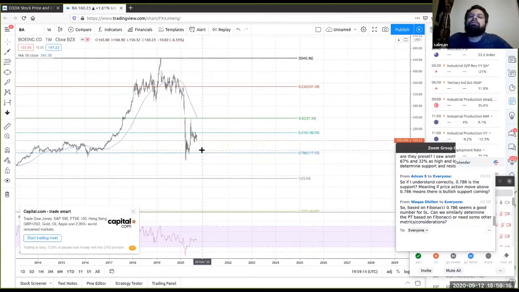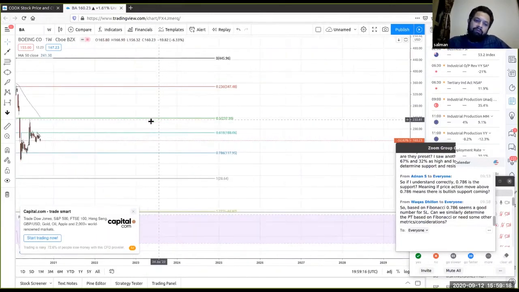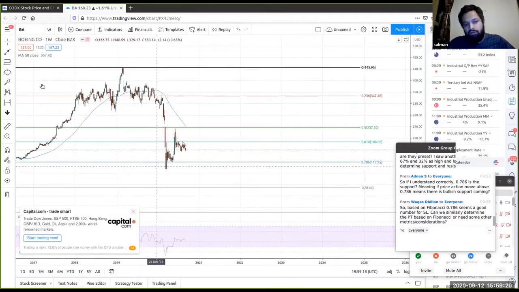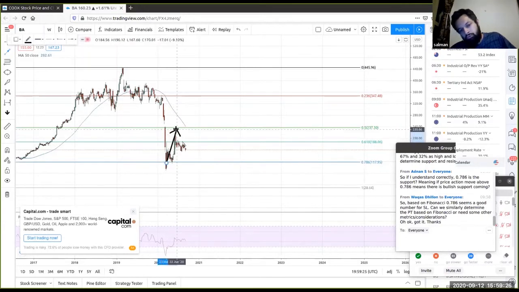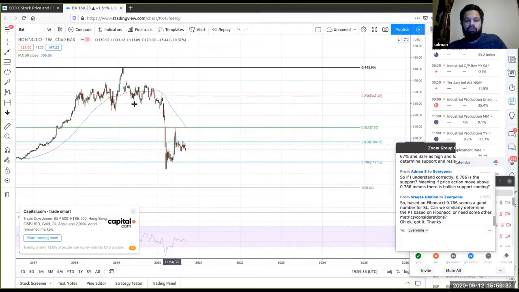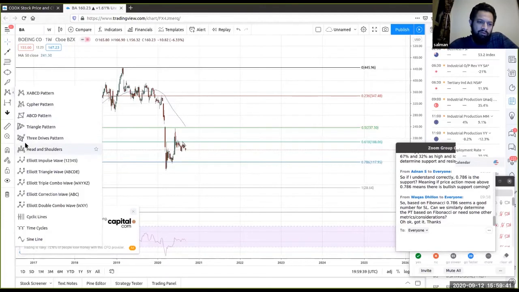The PT, the price target for this one, I mentioned it because what I usually see is when the price goes below, it goes into an ABC. Sorry, it's different. It's a wave pattern now. Usually what happens is it goes in a 3-wave pattern. Let's see, 1, 2, 3.